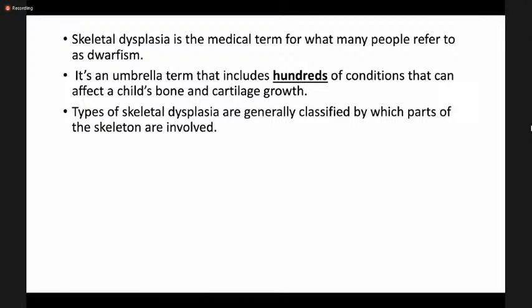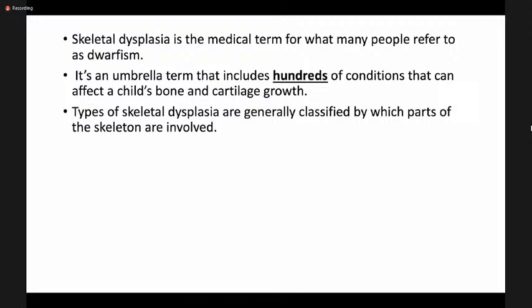Now, skeletal dysplasia is the medical term for what many people will refer to as dwarfism, and that's what I've referred to as the short stature. It's actually an umbrella term that can affect a child's bone and cartilage.